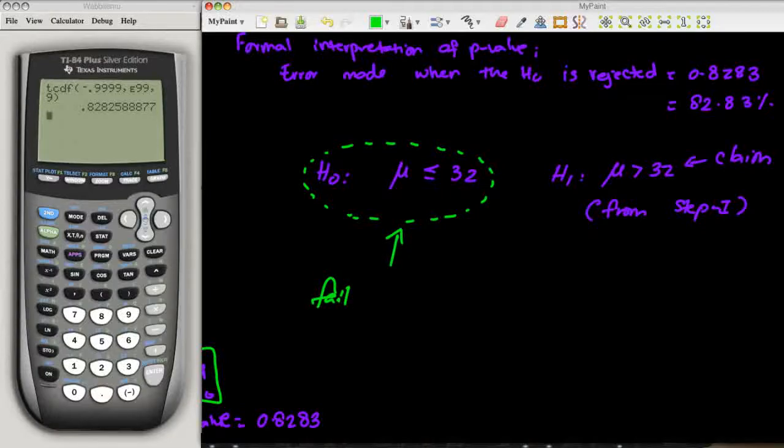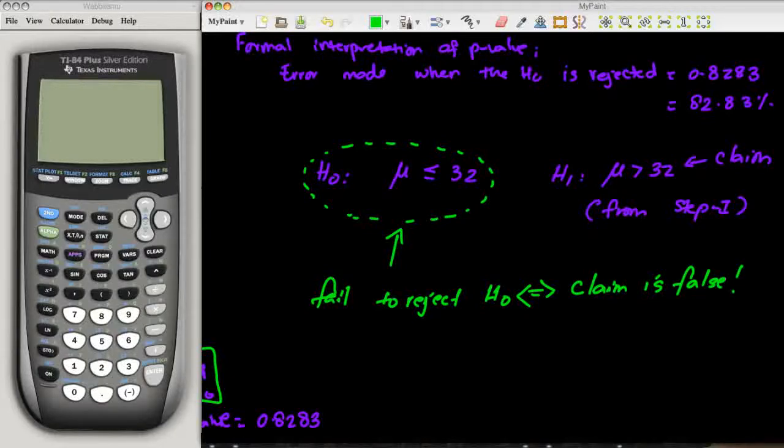Since we failed to reject the null, data is pointing toward the null, but the claim is the alternative. So this would imply that the claim is false. In this problem, the claim is false because the claim is represented by the alternative, but we found evidence toward the null. Therefore, we conclude that the claim is false. That is how you perform a right-tail test for population mean.